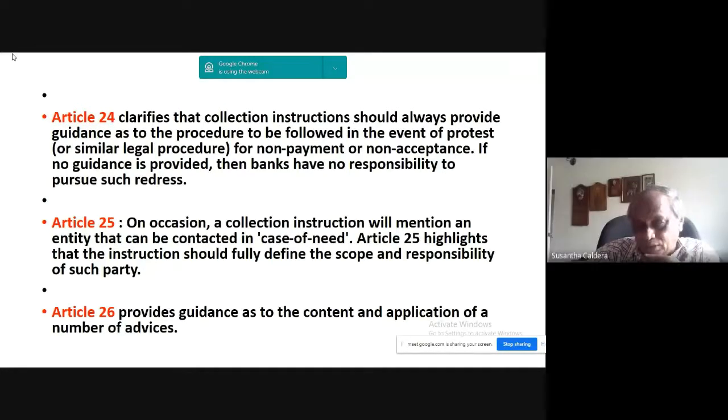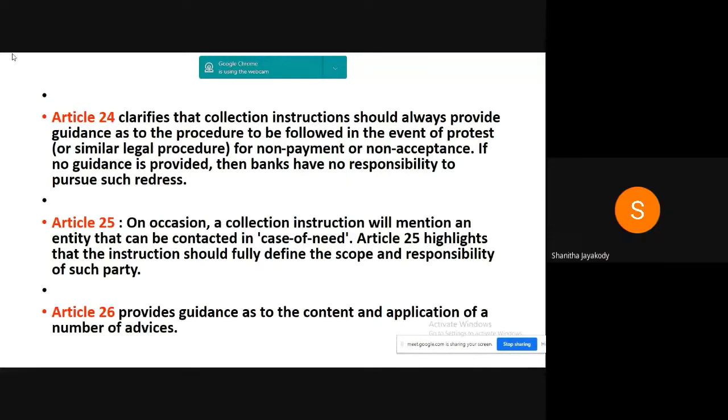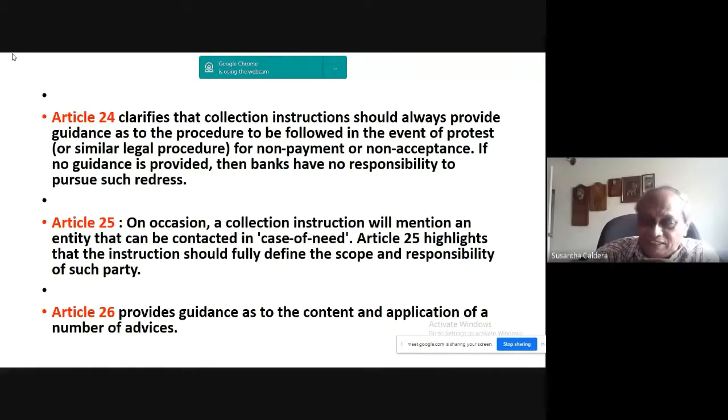What is the obligation under 26 C1? It says yes, we have to do it, or we should do it, right? Does it mean that you have made a mistake? Yes.